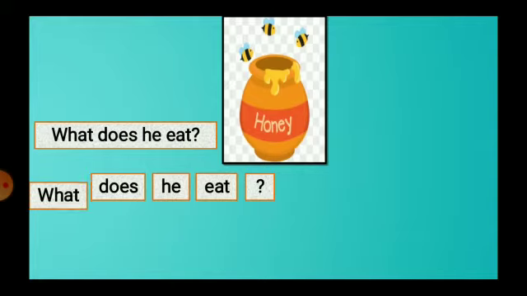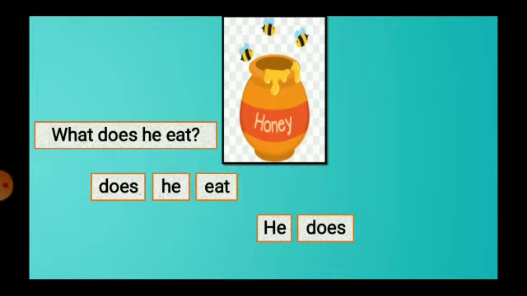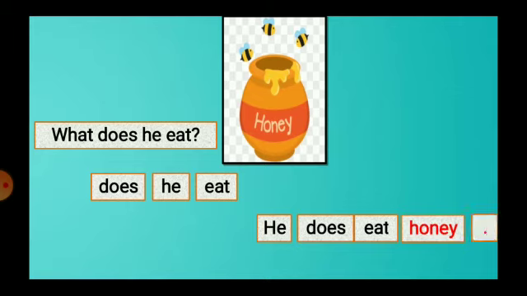We will drop what and we will drop the question mark. So now we are left with three words. Does he eat? Right? Now, when we say something, we don't say does he eat, we say he does eat. So, let us change the order. He does eat. Fine. Now, let us add the answer word. What is the answer? Honey. So, we say honey. And then we put a full stop.